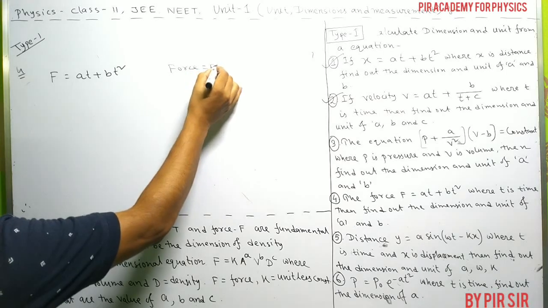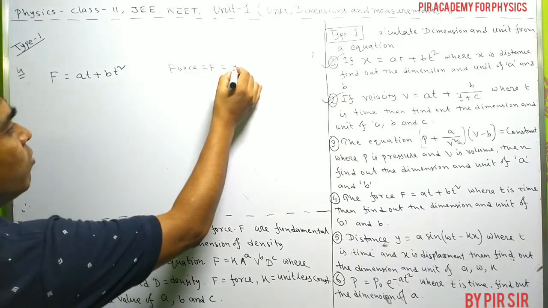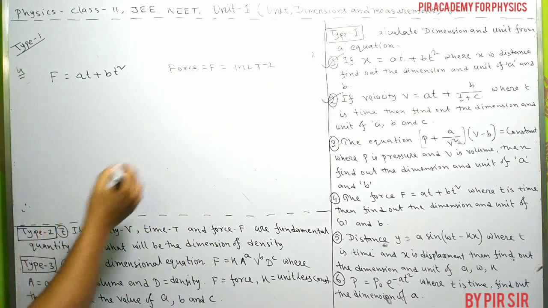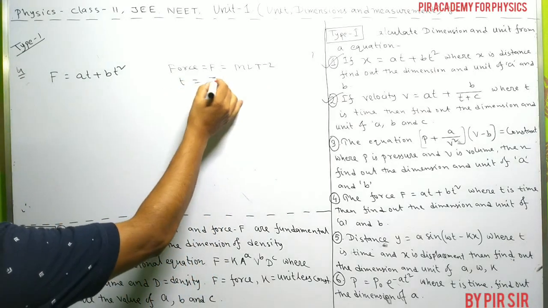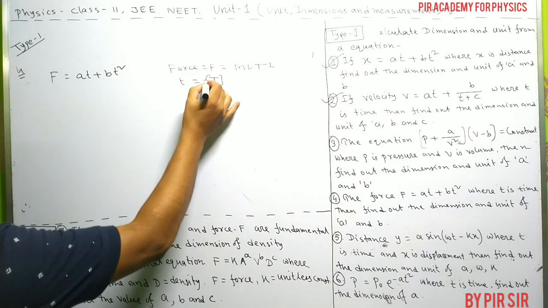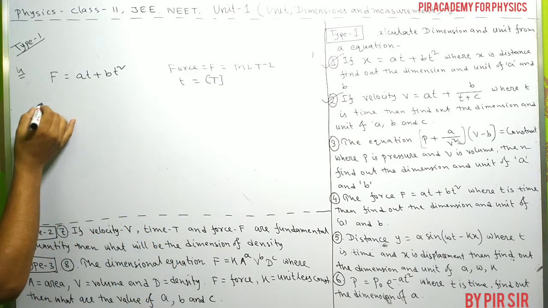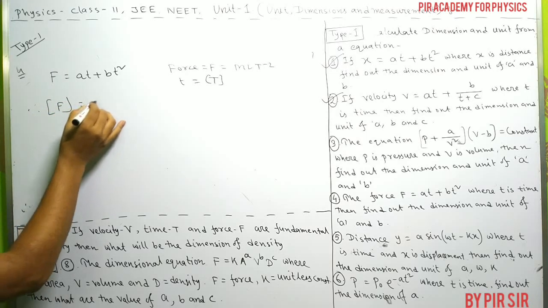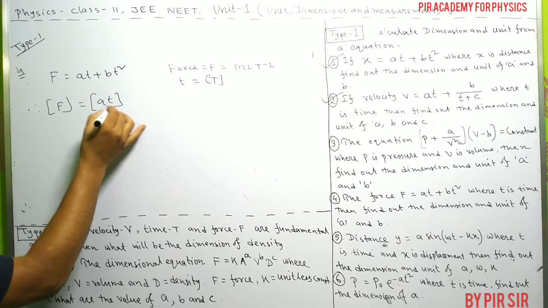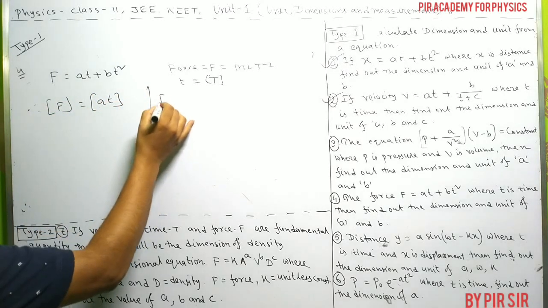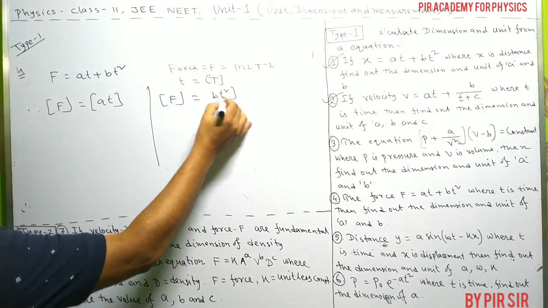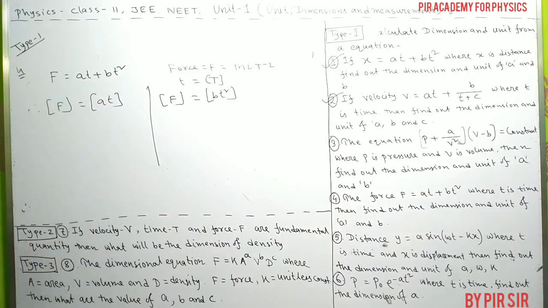The dimension of F equals M L T to the power minus 2, and T is time. The dimension of T is capital T. Then the dimension of force must equal the dimension of AT, and also the dimension of F must equal the dimension of BT square, because this term is added.